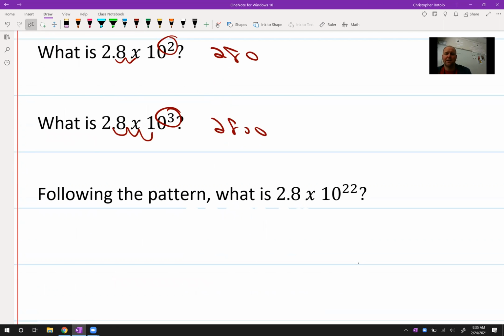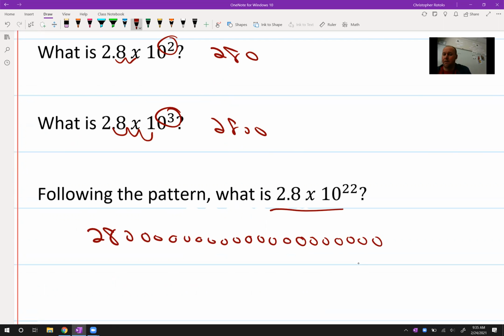So using that idea, let me flip the script a little bit. How many zeros do you need to put on 2.8 times 10 to the 22nd? Well, so that means I need 2 8, so that's one place. So I need 21 zeros. All right, there they are.